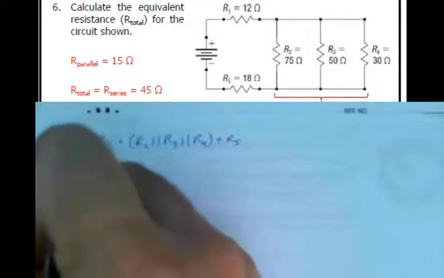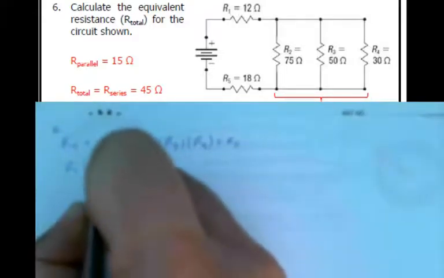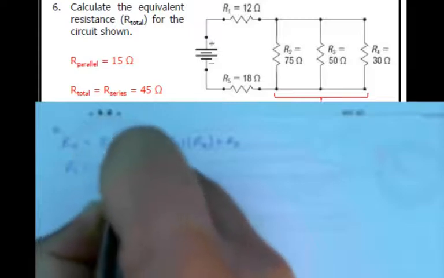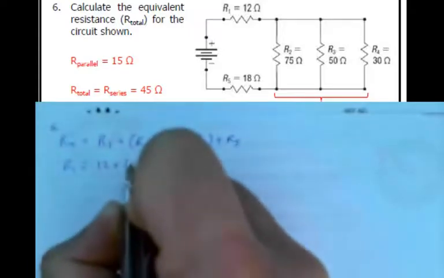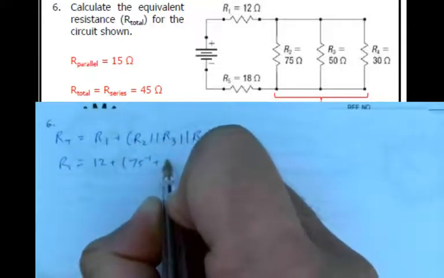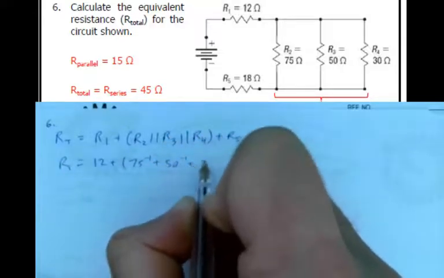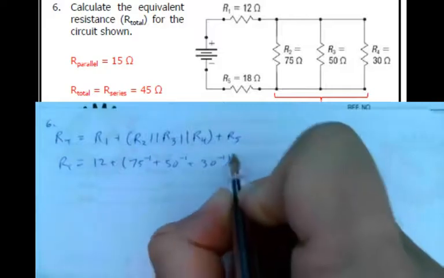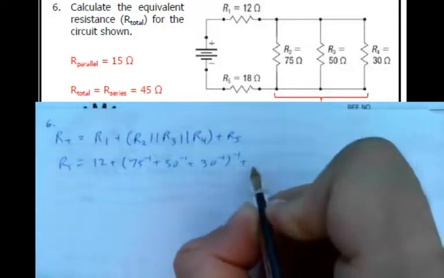And that's going to equal 12 plus bracket 75 to the negative 1 plus 50 to the negative 1 plus 30 to the negative 1, to the negative 1 plus 18.